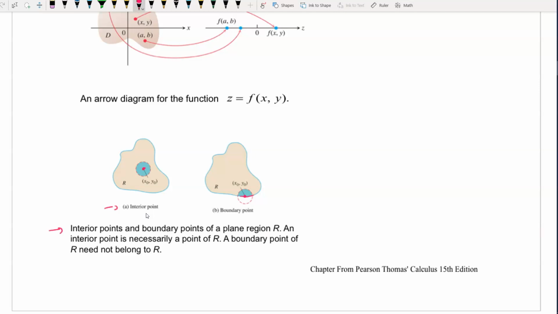So for interior points and boundary points of a plane region R, we have these two. An interior point is necessarily a point of R. The boundary point of R need not belong to R.